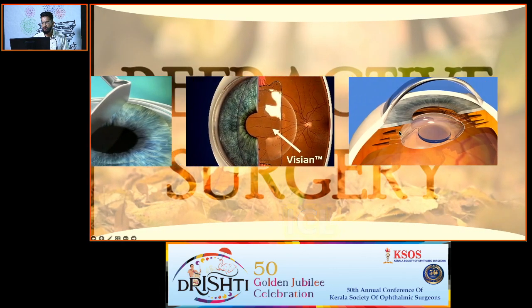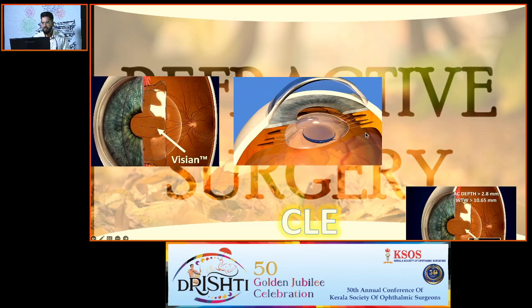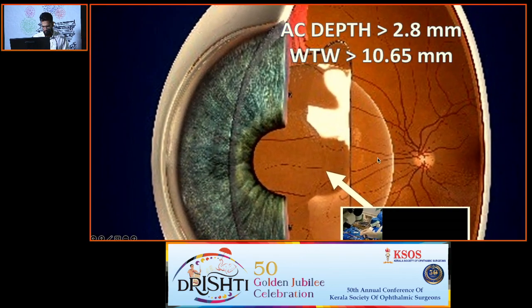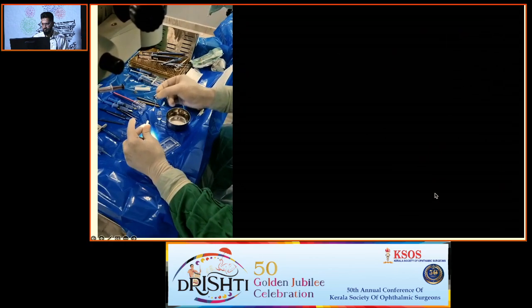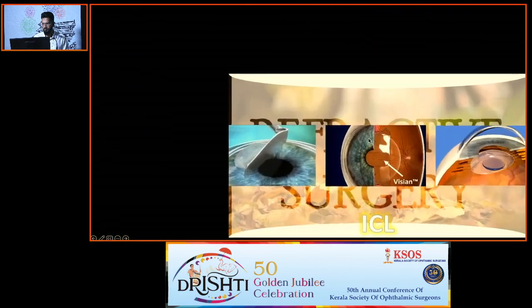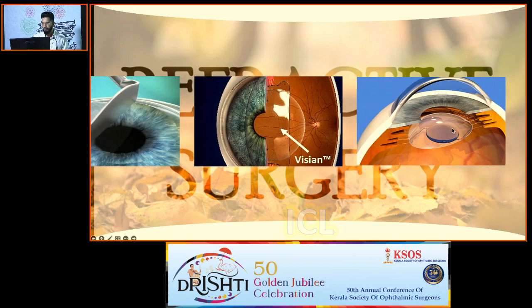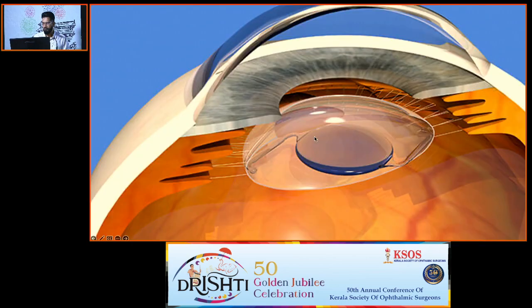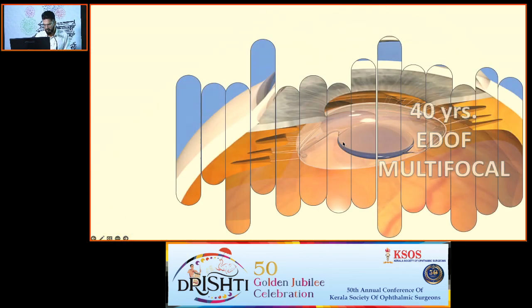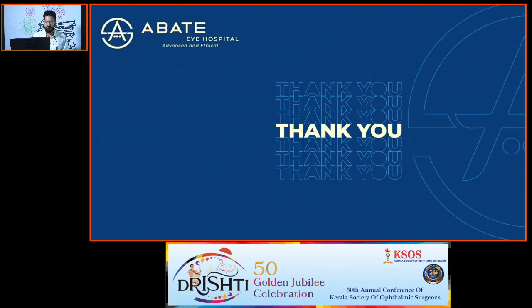With regard to clear lens extraction, we usually consider it for an age more than 40 years. Here we have the EDOF lenses, and the application of multifocal lenses can be considered based on the higher order aberrations and the patient's need. And with that, thank you.